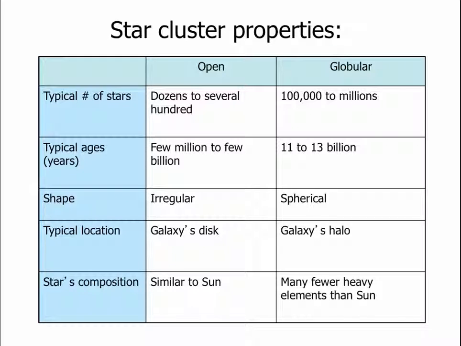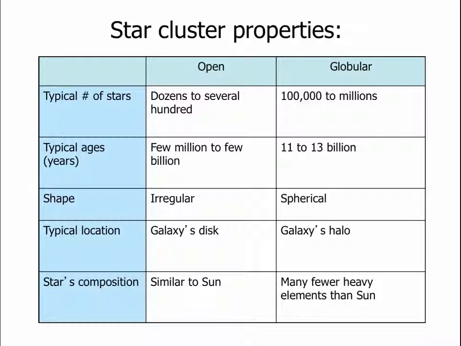The location of globular clusters is typically in the halo of the Milky Way, outside the band of the Milky Way. And if we measure the compositions of stars in globular clusters, we find that they have many fewer heavy elements than the Sun. So they're 75% hydrogen like the Sun, but they're more like 24.5 or 24.9% helium, with just a fraction of a percent of everything else.